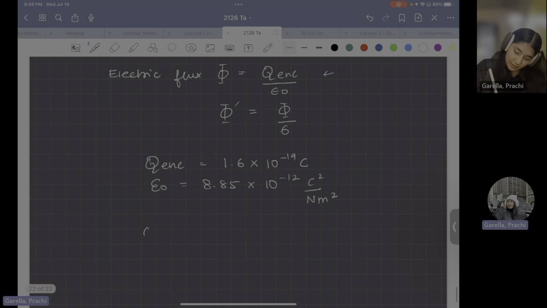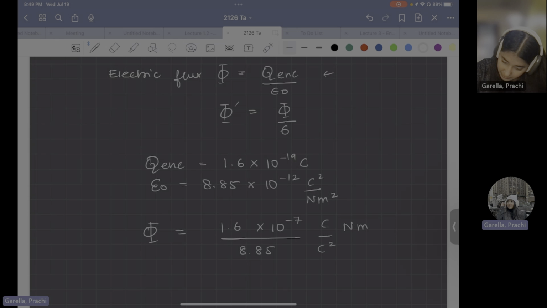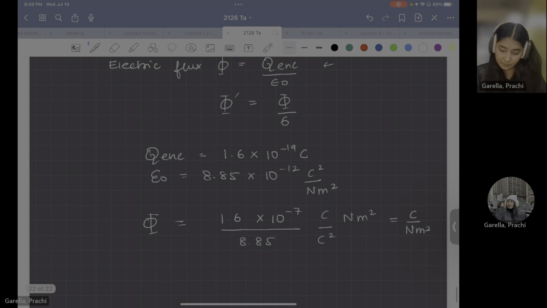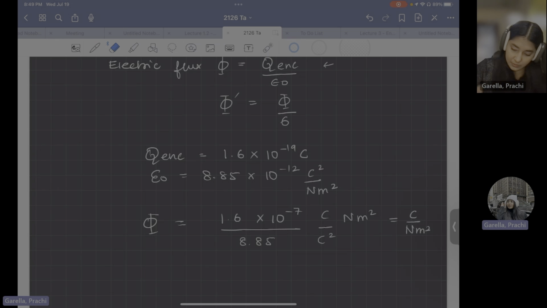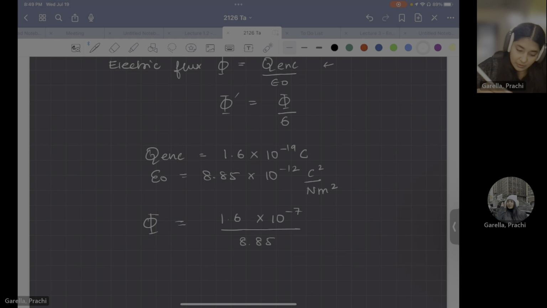Okay, so our phi is 1.6 times 10 to the power minus 7 over 8.85, in newton meter squared per coulomb.